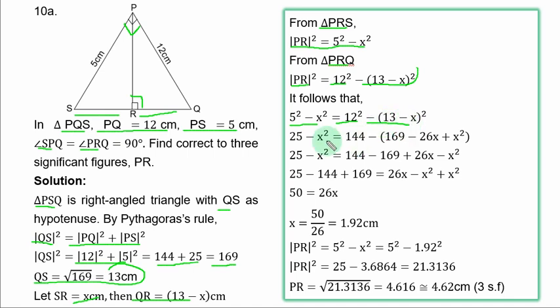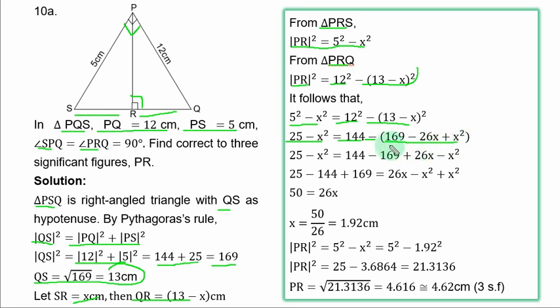If you simplify further, you have 25 minus x squared equal to 144 for 12 squared. Because of this minus sign, let's still retain the bracket and expand. So if you expand the terms in the bracket, you have 169 minus 26x plus x squared.